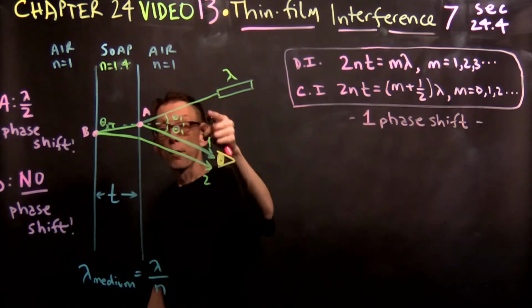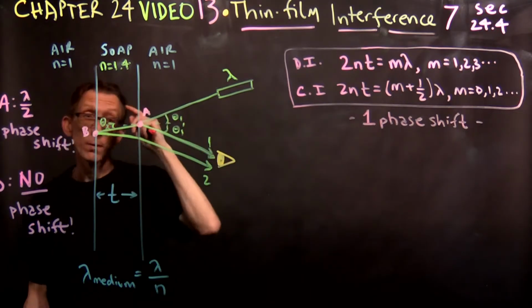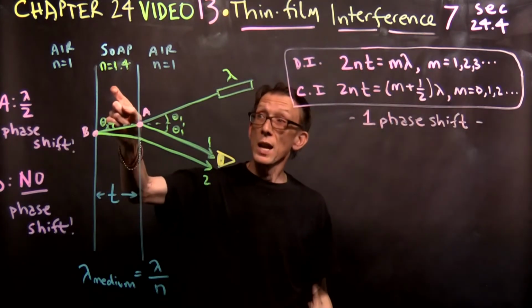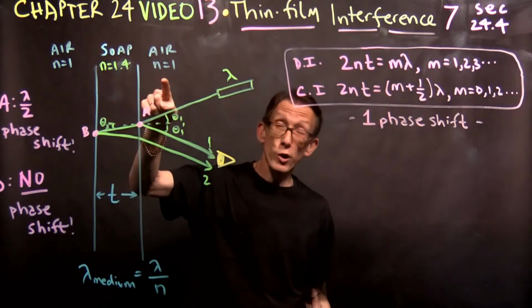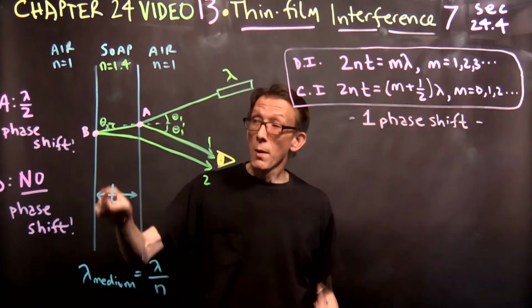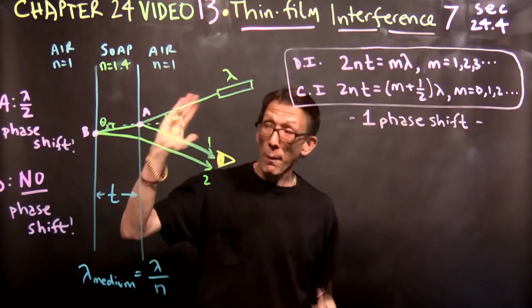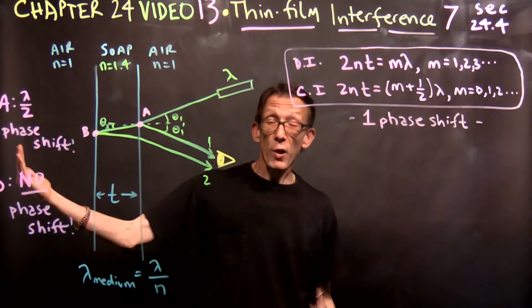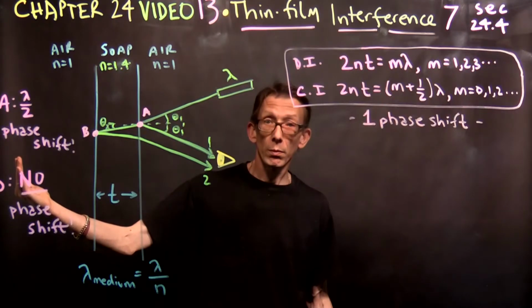Remember, there's a reflection off the front of the soap film at A. Because n for the soap film is larger than n of the air, we have a phase shift. But the second reflection, on the back side of the soap film, has no phase shift.